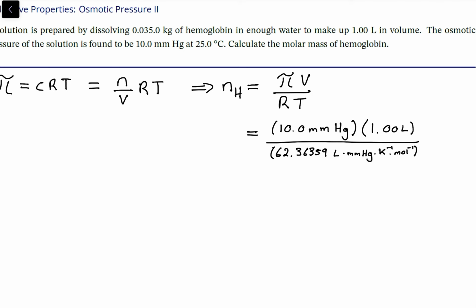And the temperature is 25 degrees Celsius, so that's 298 Kelvin. We get 5.37 times 10 to the negative 4. Let's call it hemo.